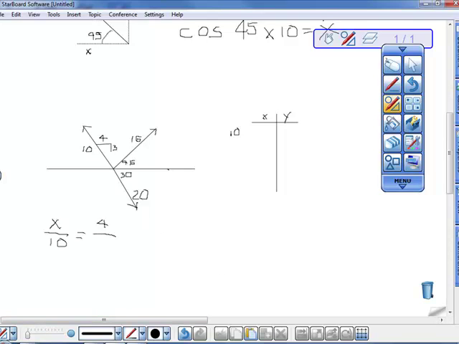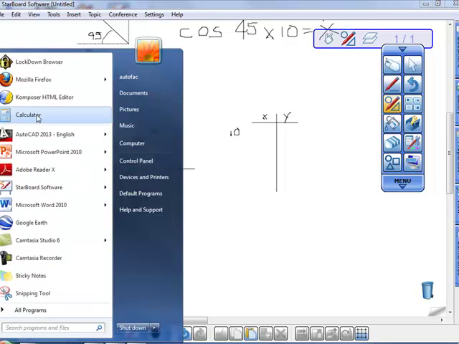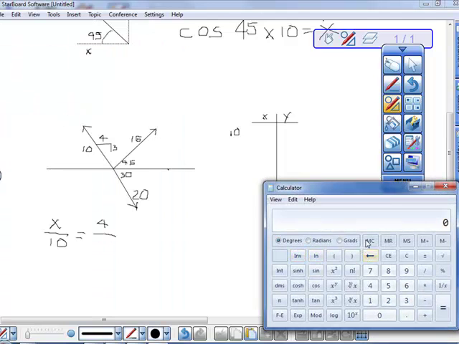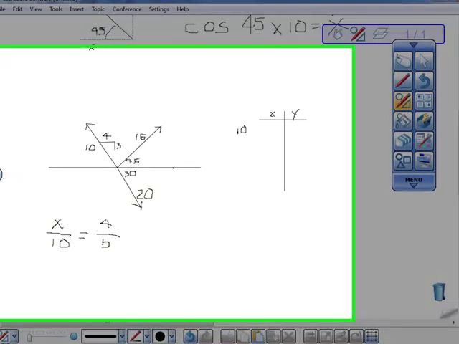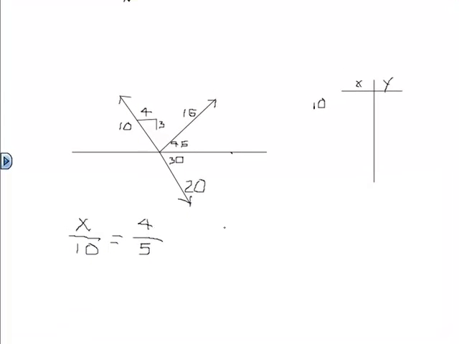So what is that hypotenuse? 4 squared is 16 plus 9 is 25, so that's 5. a squared plus b squared, 4 squared plus 3 squared equals 25, square root is 5. So 5x equals 40, right? Following me? So that means x equals 40 divided by 5 is 8.